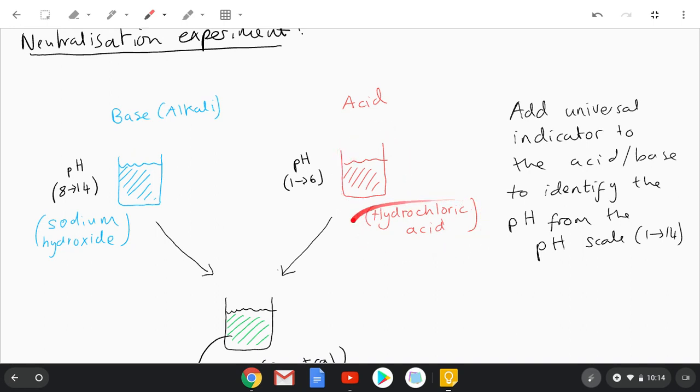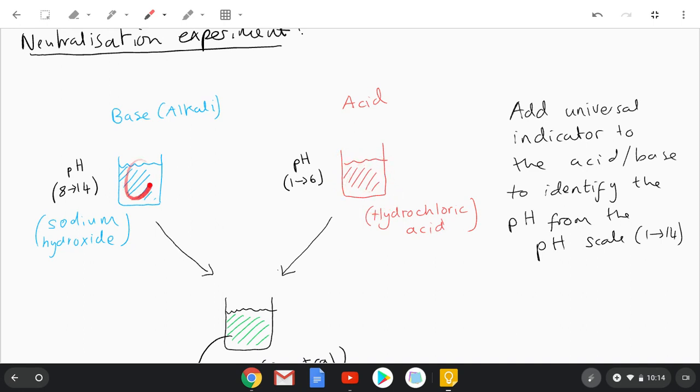When we add universal indicator to acids to identify what pH it is, just by looking at the color, we know that acids will have a pH of 1 to 6 on the pH scale. We mixed it with a base, which was sodium hydroxide, and that would have had a pH of somewhere between 8 and 14.